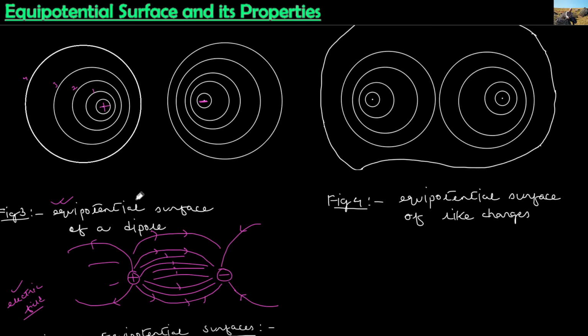So this is the representation of the equipotential surfaces of an electric dipole.